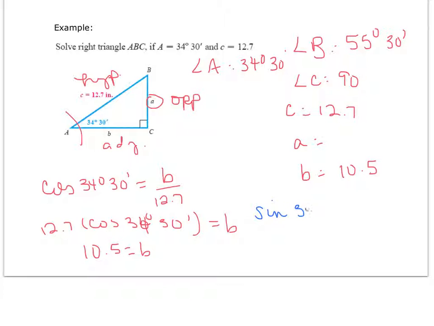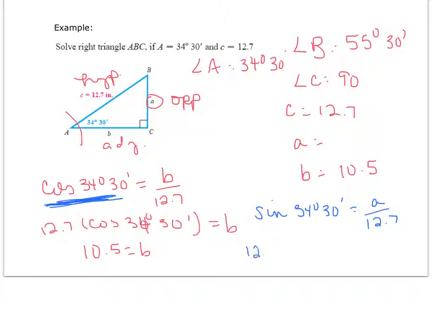So we're going to use 34 degrees, 30 minutes. Sine is opposite over hypotenuse. Cosine here was adjacent over hypotenuse, and that is how we found side B. So now we're going to use A over 12.7.